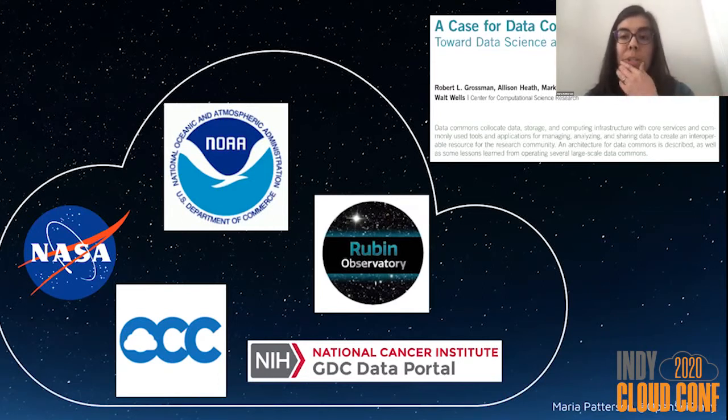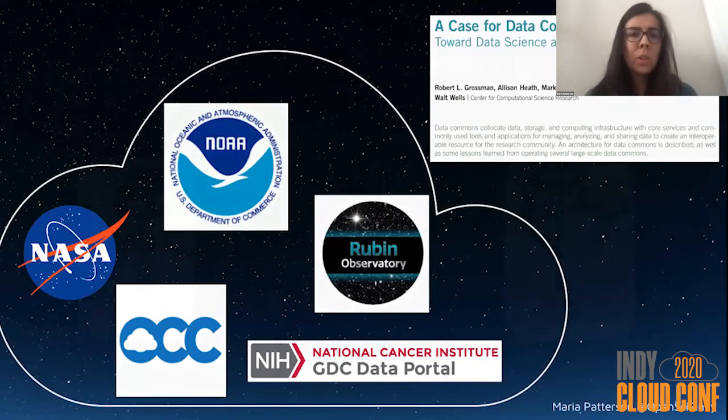And so if you're interested in this idea of cloud-based architecture for data scientists, based on open source tools, we've written a paper called A Case for Data Commons: Towards Data Science as a Service, and that was published in a special issue of Computing Journal.